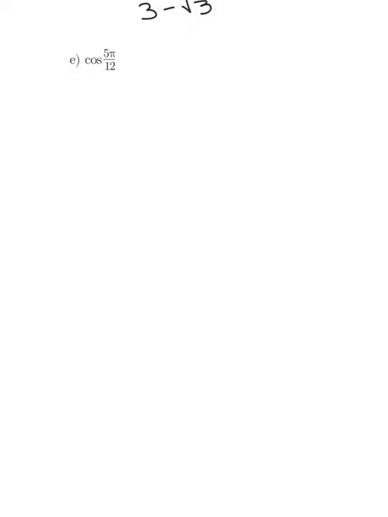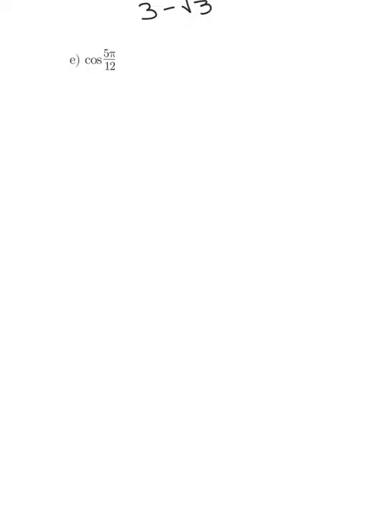On E, we need to do the cosine of 5 pi over 12. Again, 12ths are not items that are on the unit circle. So we want to figure out a way to either add or subtract to equal 5 pi over 12, that if we simplify, we would get items on the unit circle.